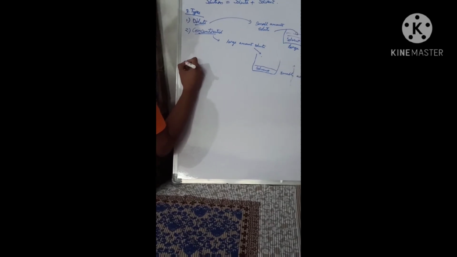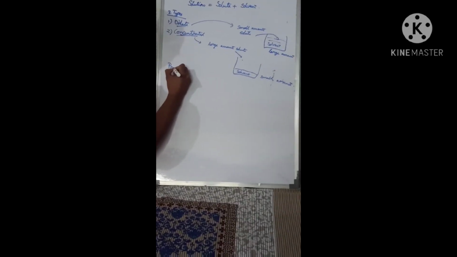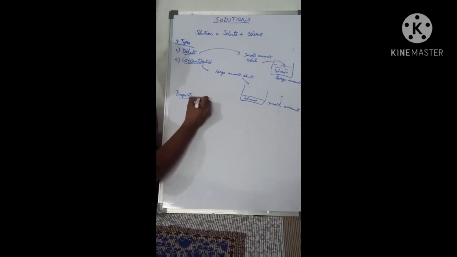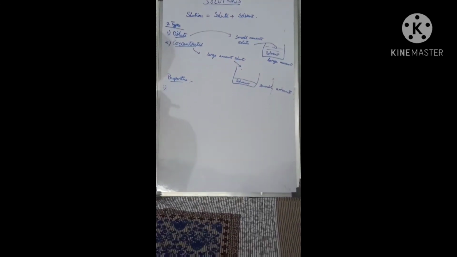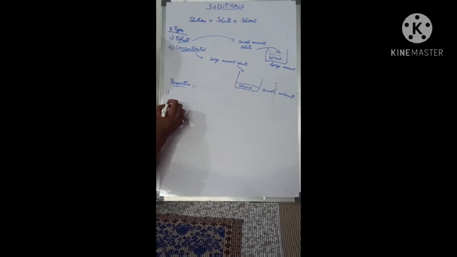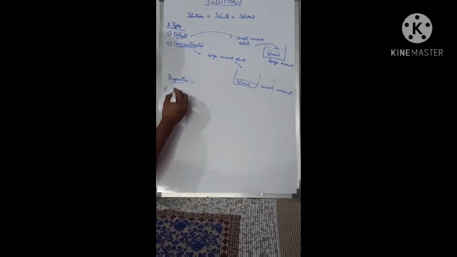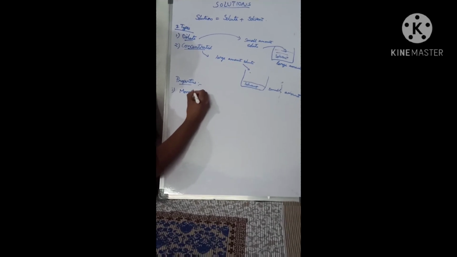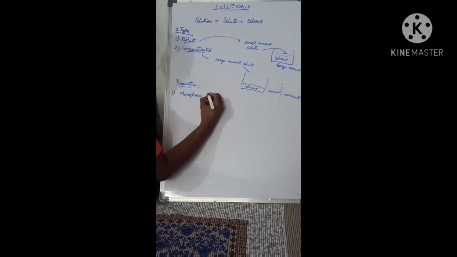Next, let us discuss the properties of solutions. What is the first main property of a solution? A solution only consists of a single phase. That is also known as a monophasic system.